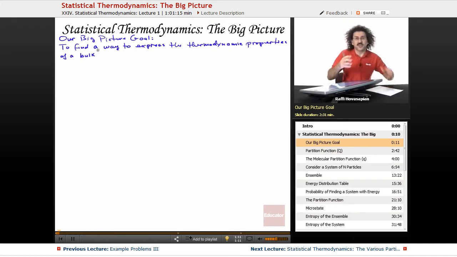And by bulk, we mean just a bunch of particles, like a block of wood, as opposed to the individual molecules that make up that wood.